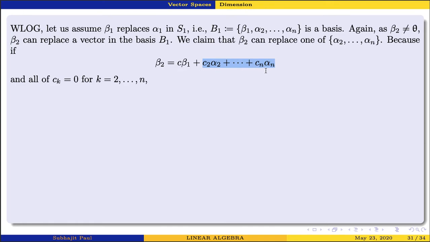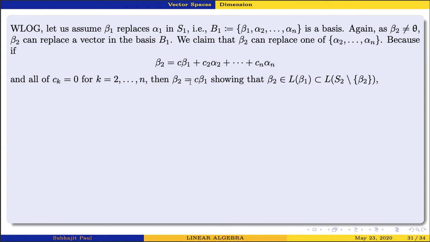Otherwise, if we choose all of c2 to cn, all these scalars to be 0, then beta 2 is c times beta 1, right? Showing that beta 2 is in the linear span of beta 1, which is a subset of the linear span of S2 minus beta 2, a contradiction to the linear independence of S2, right?